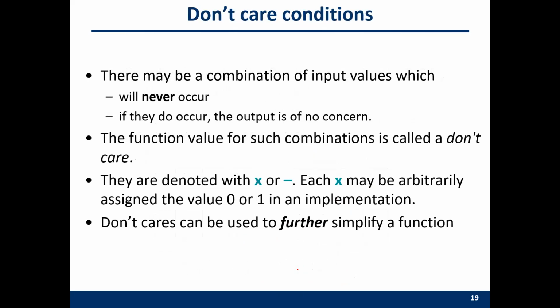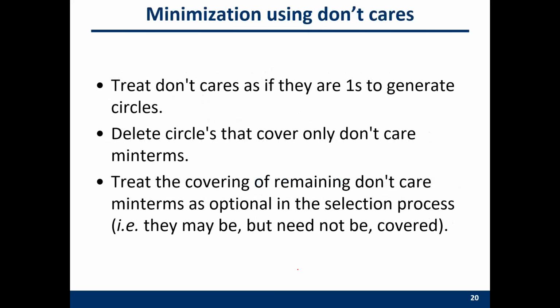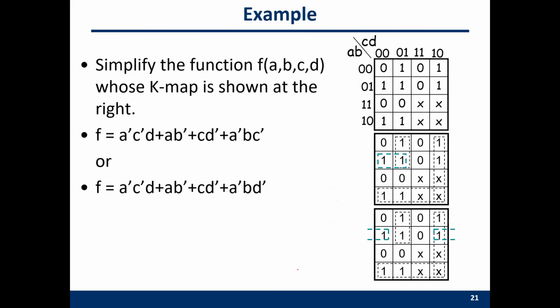Sometimes we have some don't care signals. A don't care signal can be 1 or 0, but not simultaneously. We can treat them as 1 or 0 because we do not care about their values. We use this symbol to indicate don't care.